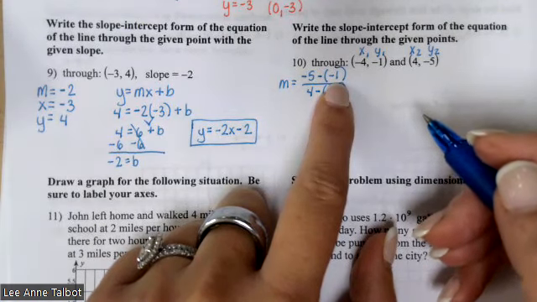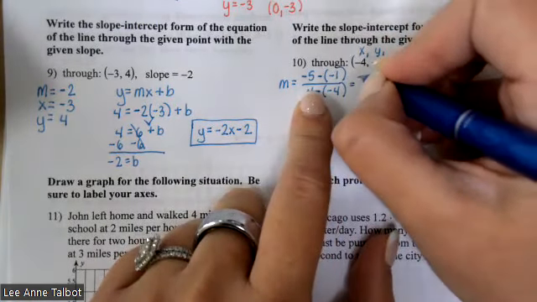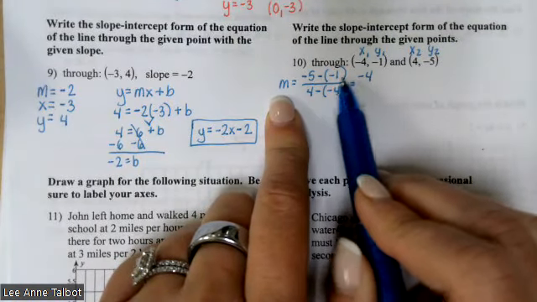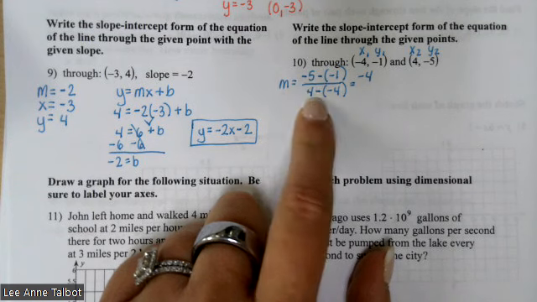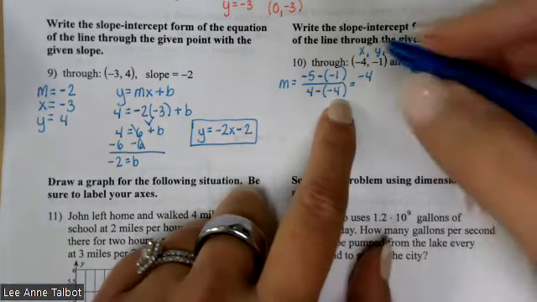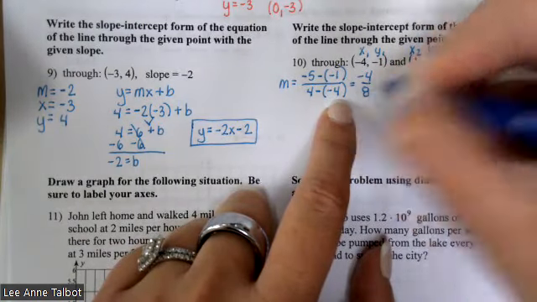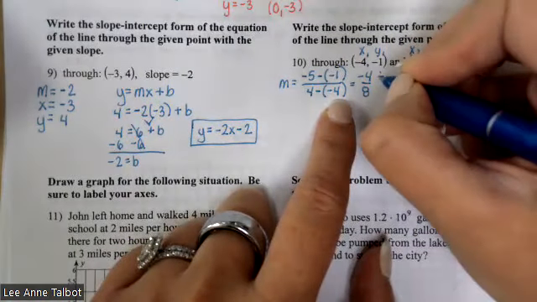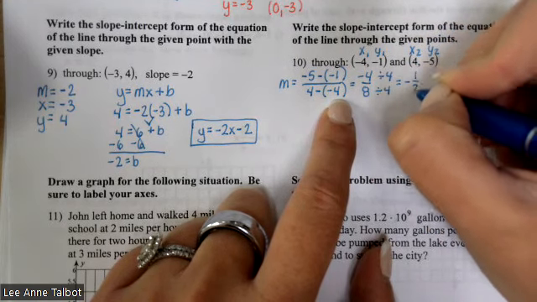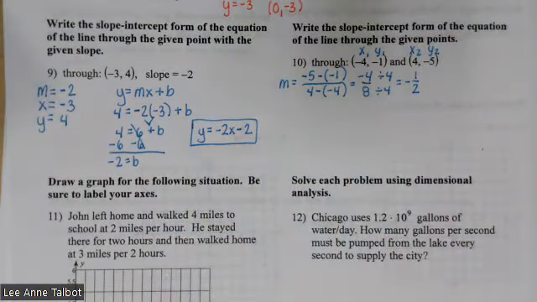It's -4. Yep. And what you can do in your mind is go -5 plus 1. 4 minus -4 is the same thing as 4 plus 4. Reduce: -1/2.